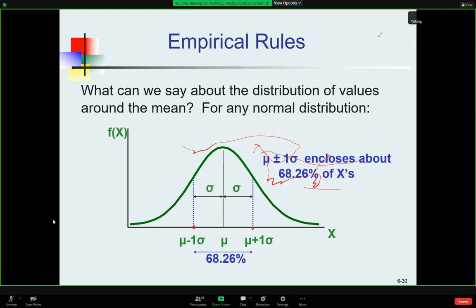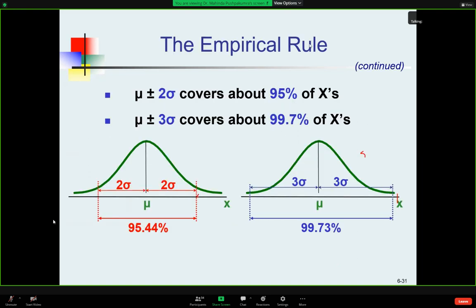Okay, then similar to that, it says that within two standard deviations there are 95% of observations, and within three standard deviations there are 99.7% of observations.